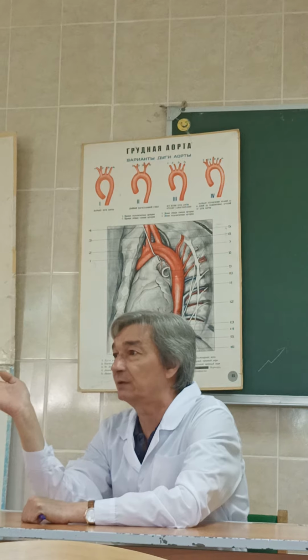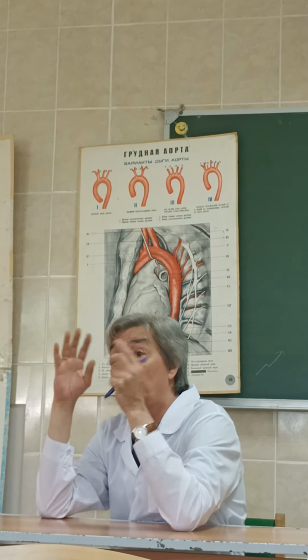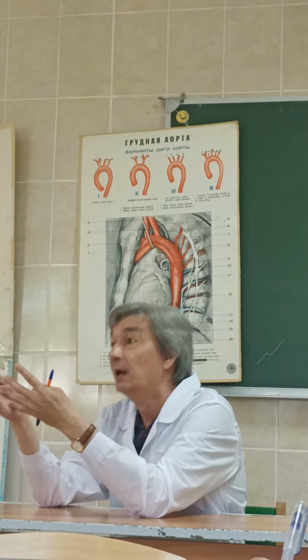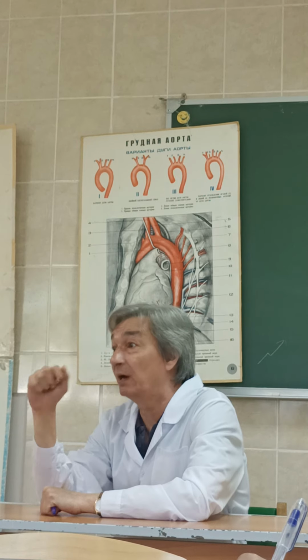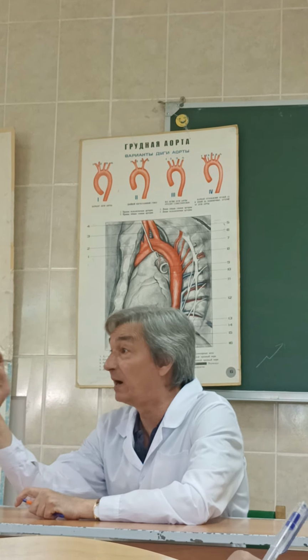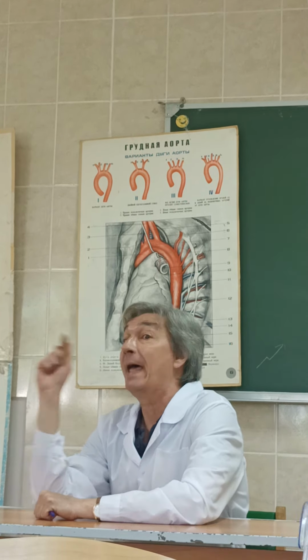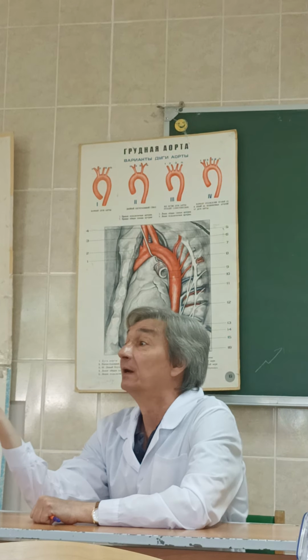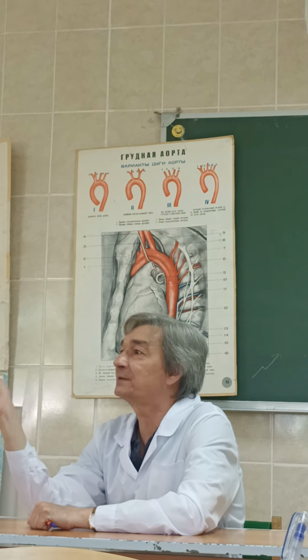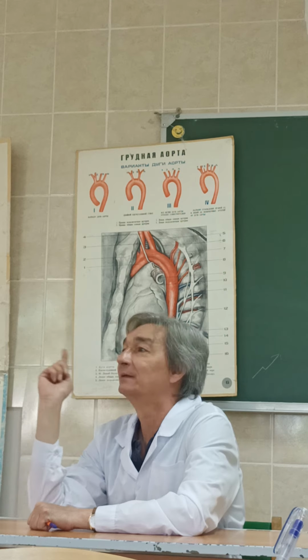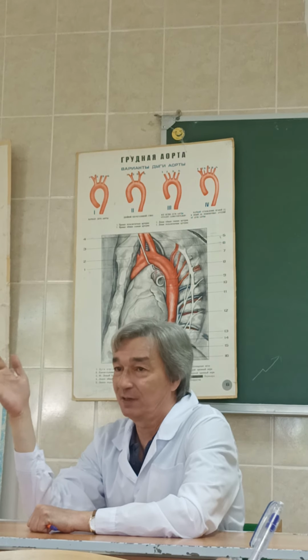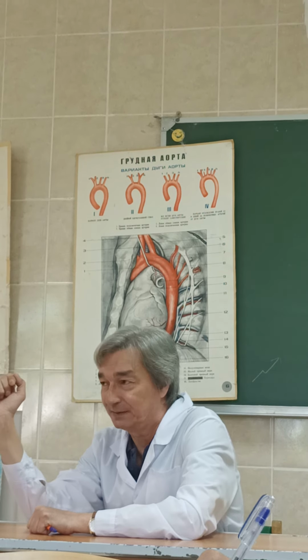It passes into the renal hilum and supplies the kidney with blood, but not only the kidney, also the abdominal part of the ureter, and it also gives the inferior suprarenal artery, which supplies the suprarenal gland.